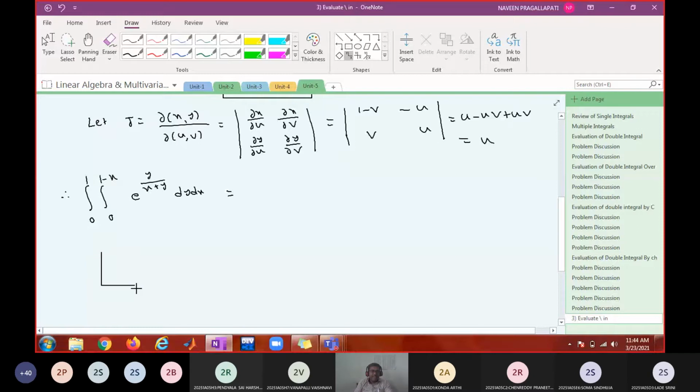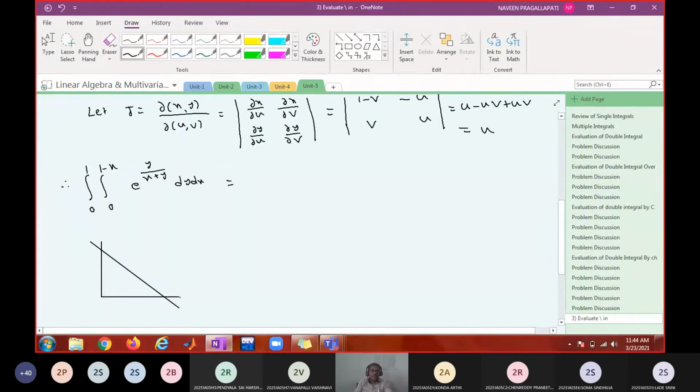See, y varies from 0 to 1 minus x. This is the x-axis, this is the y-axis, this is x plus y equals 1. So y varies from 0 to 1 minus x, x varies from 0 to 1, which means this is the triangular region in the xy plane.